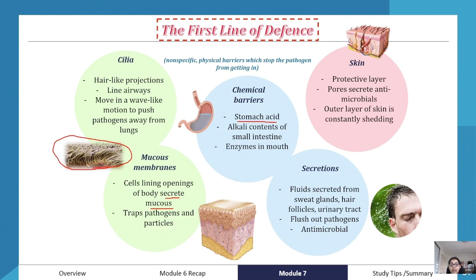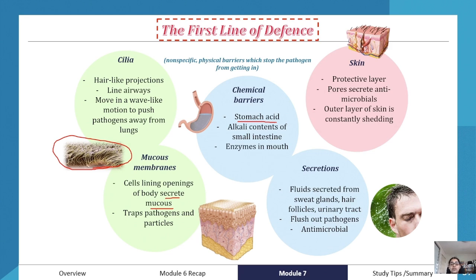There are also the alkali contents of the small intestine and enzymes in our mouths that, if you breathe in any bacteria or pathogens, do their best to make sure those pathogens don't travel down to our important organs like the lungs and start infecting them.